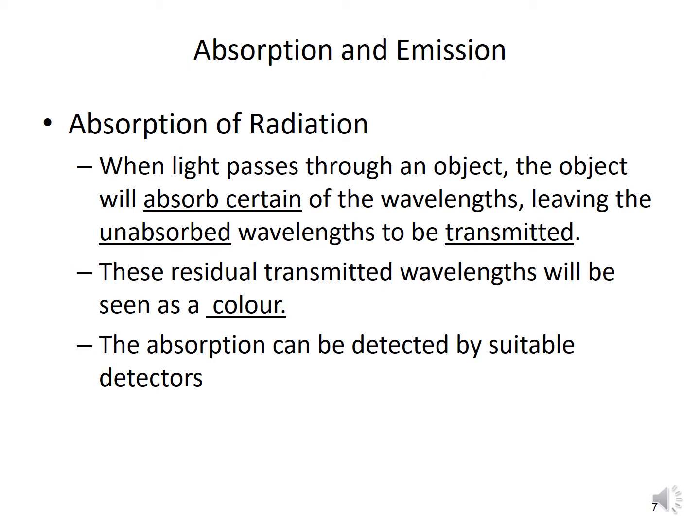Now we go to the next part. When light passes through an object, the object will absorb certain wavelengths, leaving the unabsorbed wavelengths to be transmitted. The process of absorption and transmission depends on the molecules in your sample.